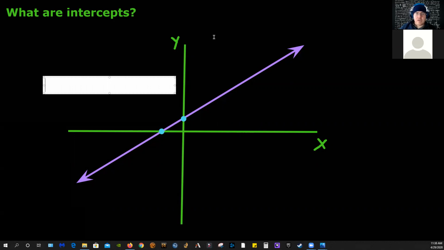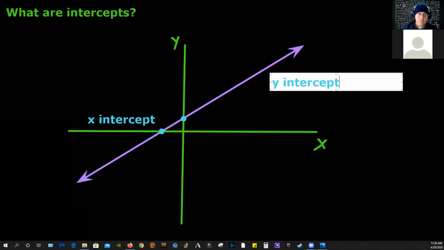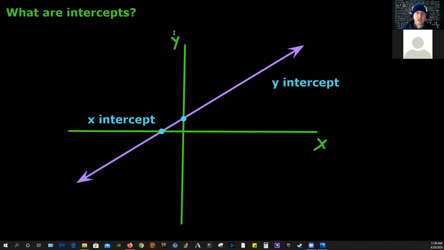So the x-intercept is where your function or your line connects with the x-axis, and your y-intercept is where your function connects with the y-axis.